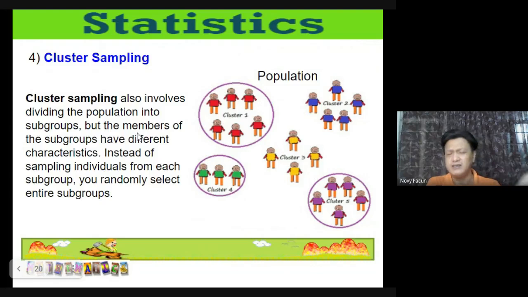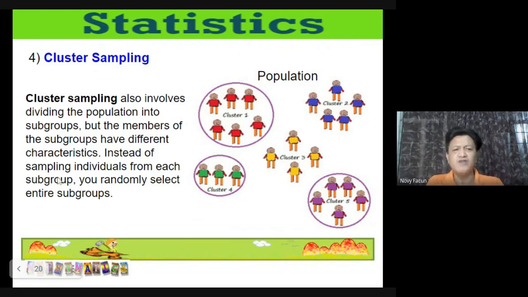Meron silang grupo, but the members of the subgroups, of the different characteristics dito sa cluster sampling, ay hindi pare-parehas. Take note of that. Hindi pare-parehas yung edad nila. Ibig sabihin, sa bawat grupo na yan, iba-iba sila ng age, iba-iba sila ng grade, or location, or area, demographic, kung ano man yung characteristics.